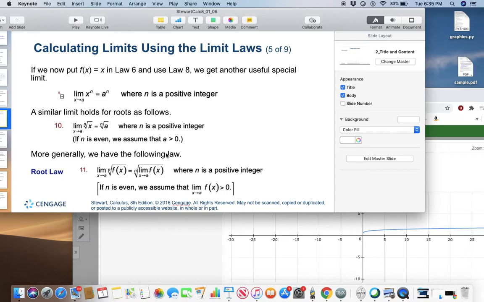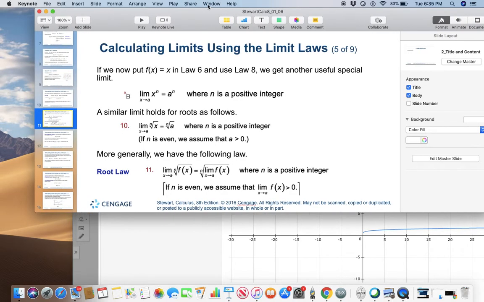So with this particular information, you can talk about the limit of a root of a function, not just x, but a function inside. Well, the limit of the nth root of a function is the nth root of the limit. That's what is happening. Okay, so we are looking at positive integer roots.